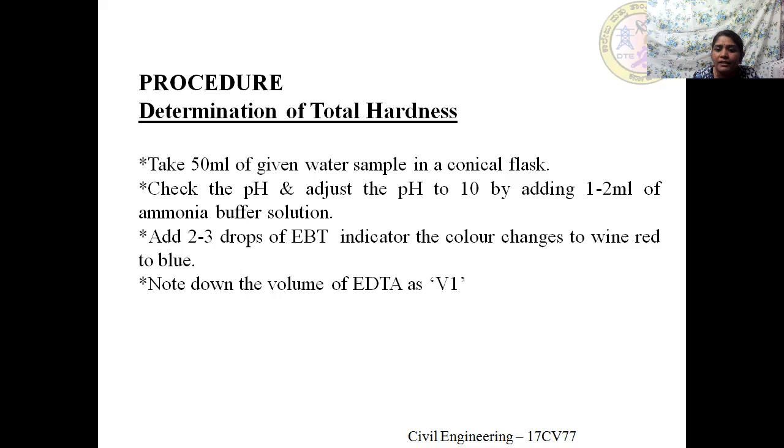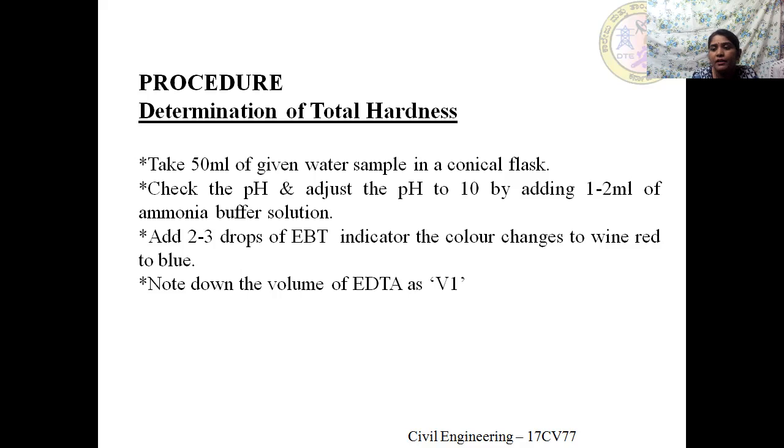So to increase this pH, we add 1 to 2 ml of ammonia buffer solution. Once the ammonia buffer solution is added, we mix it properly and again check the pH using a pH meter. Once the pH is determined and it is found to be 10, we proceed with the titration procedure.